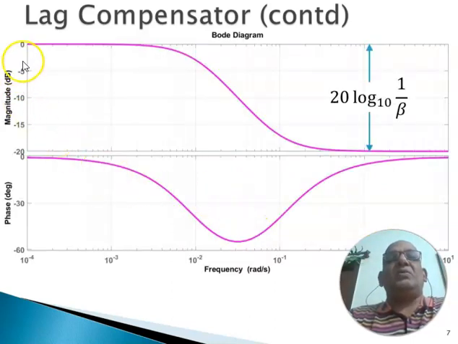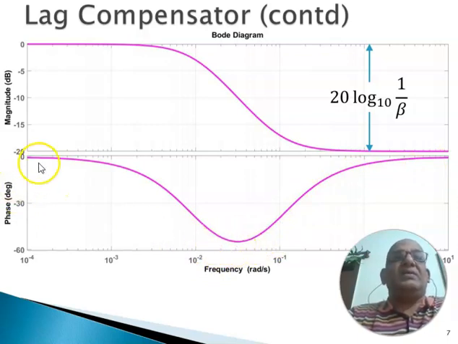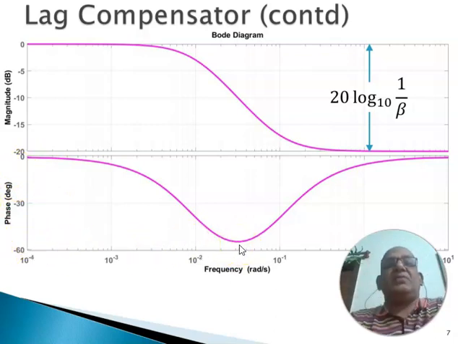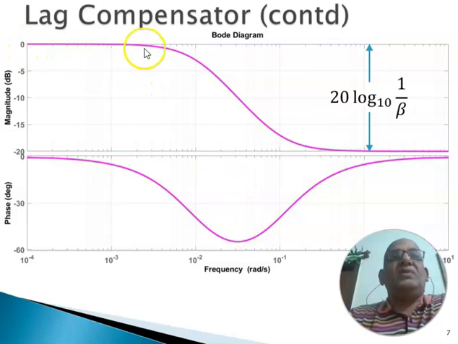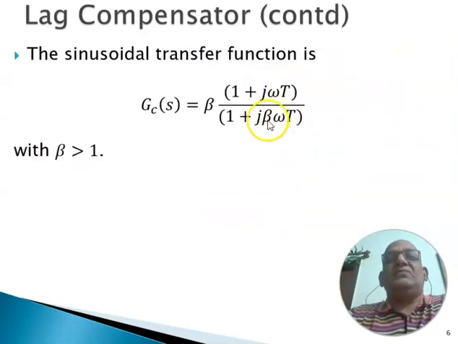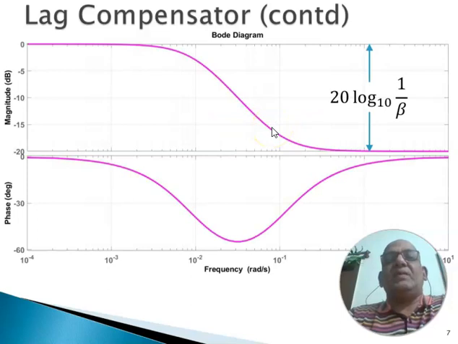If you draw the Bode plot of this, you will see that there is a valley here giving the minimum value of phase, that is, you get up to minus 60 degrees added to the phase, and you also see that this magnitude curve gives an attenuation of 20 log to the base 10 of 1 over beta, where beta is the factor given over here. We will use this fact later in the design.